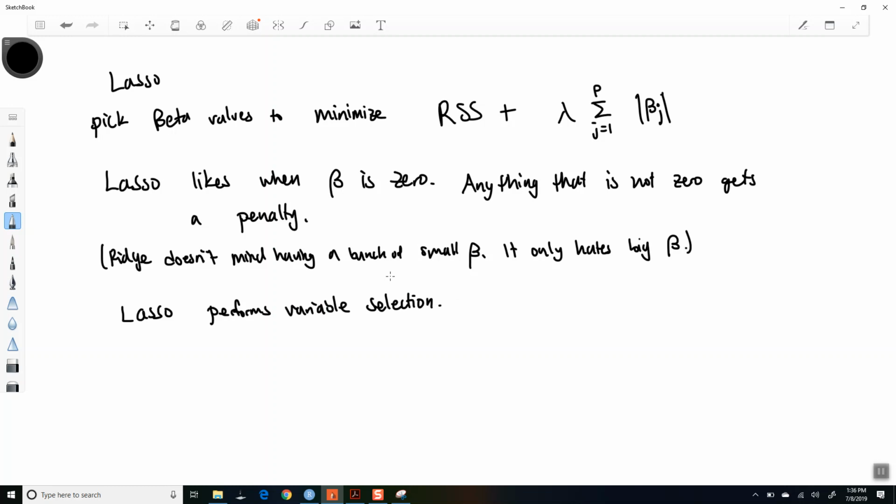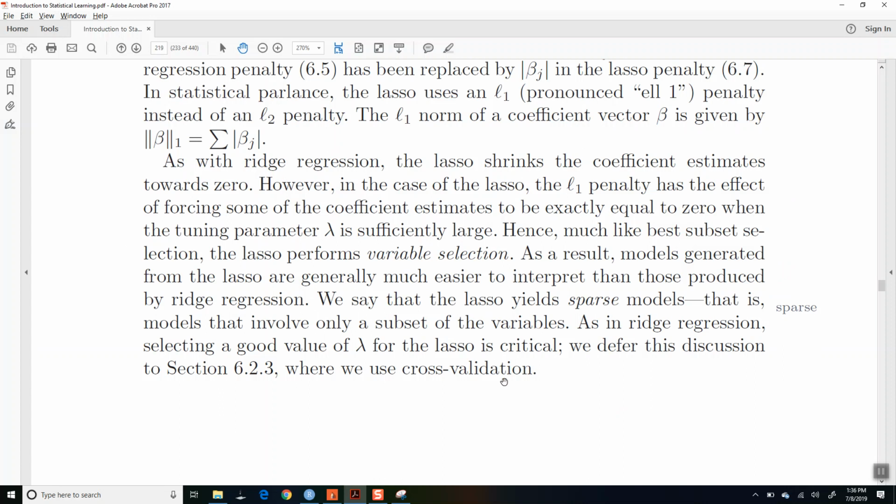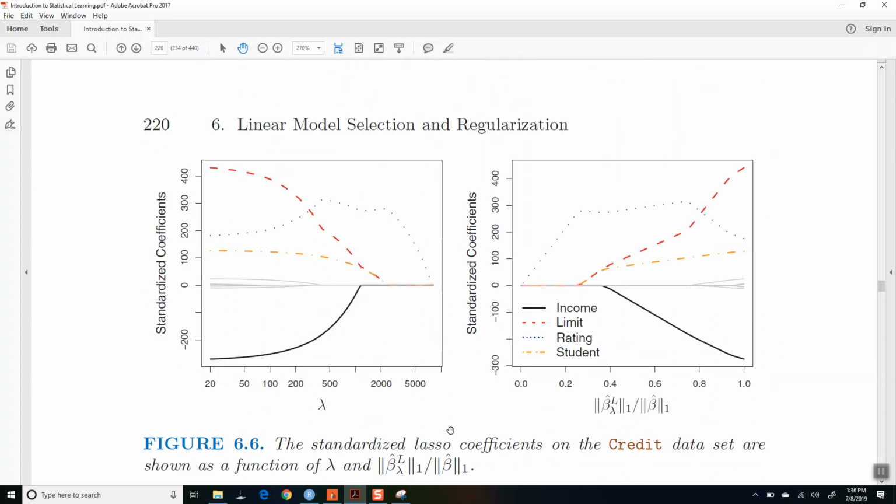Okay, basically the terms that don't get a 0 beta are included in the model, and everything else is not included in the model, right? So lasso performs variable selection. It yields sparse models that involve only a subset of the variables, okay?